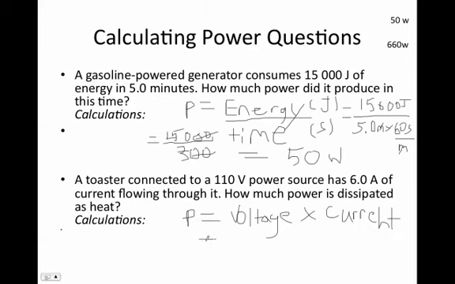So let's plug in what we know. We have a voltage, that's 110 volts, and we have a current, that's 6.0 amps, and so that would be 660 watts of power.